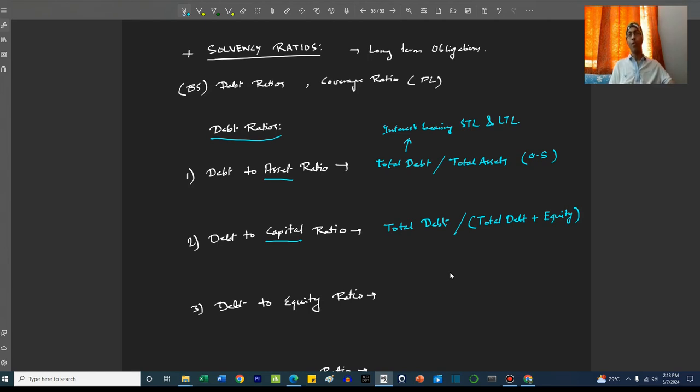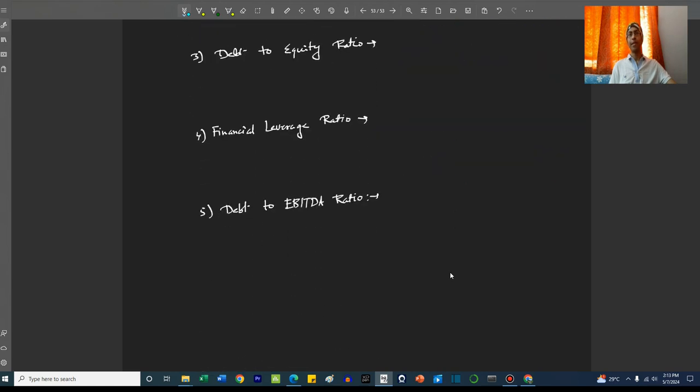I would try to interpret this. Total capital is equal to total assets minus non-interest bearing short-term liabilities. A typical example is supplier's credit.